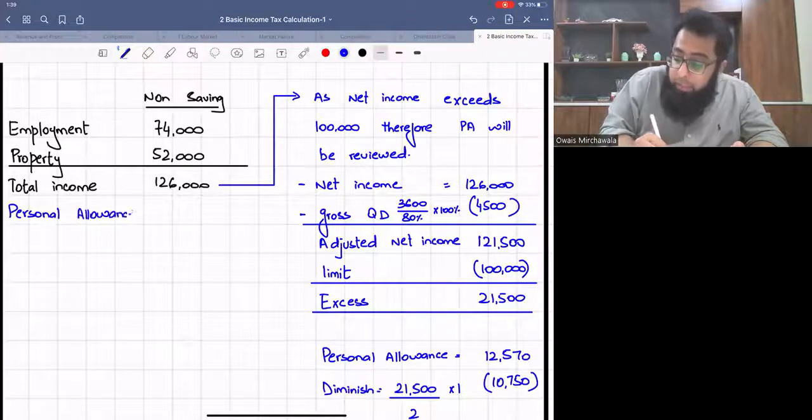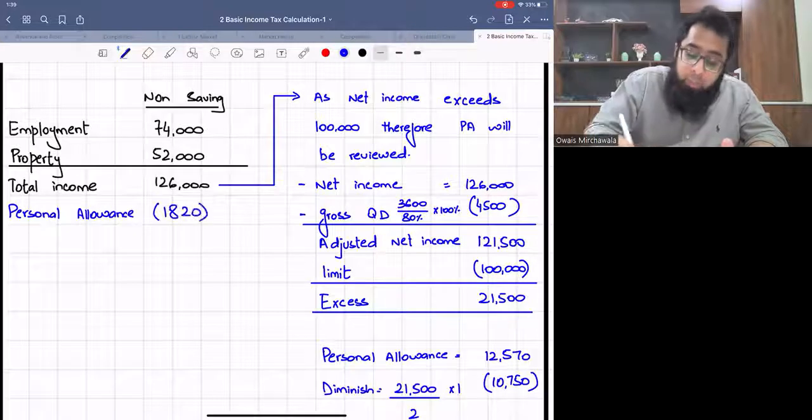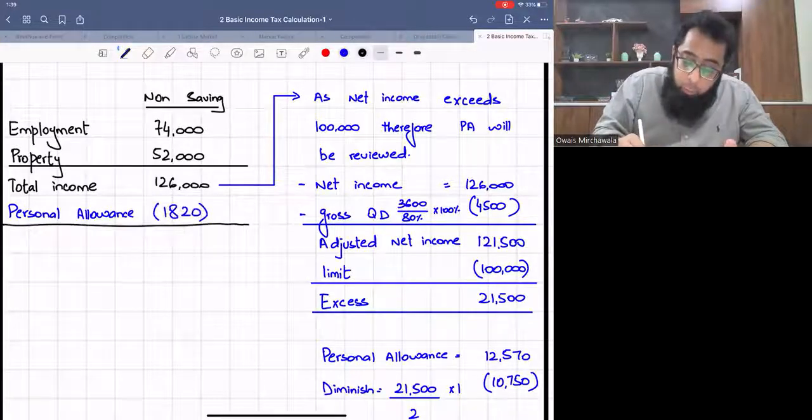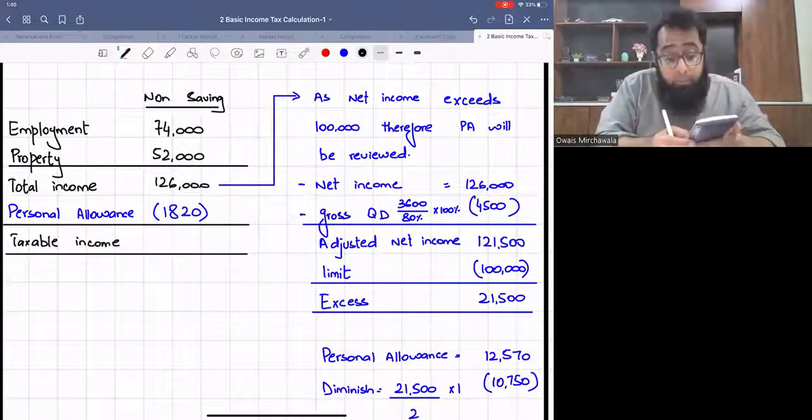I will repeat it again. Just listen to me very carefully. By doing this, we arrive at the value of taxable income. Okay, I'll just repeat it again.